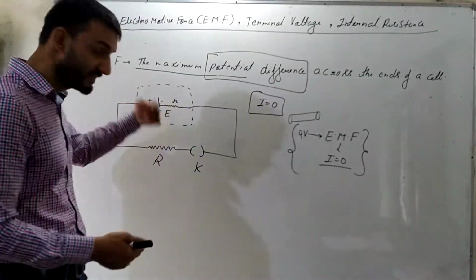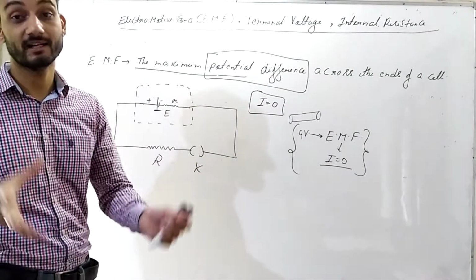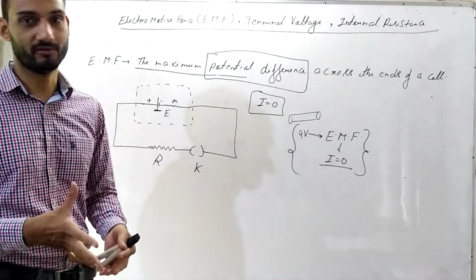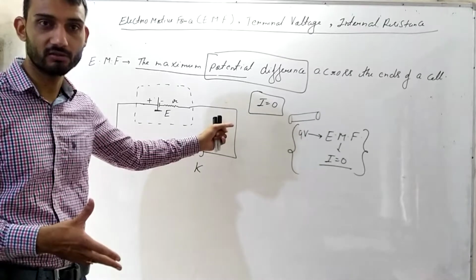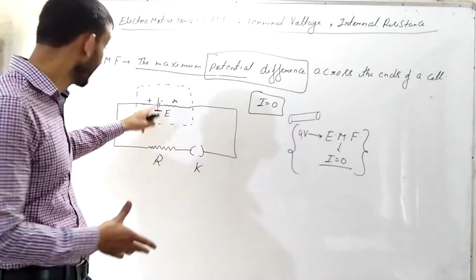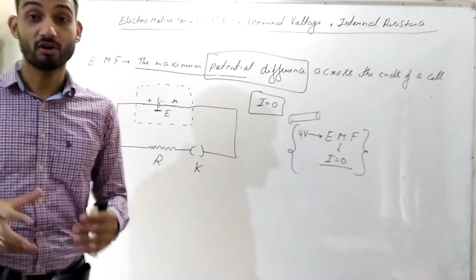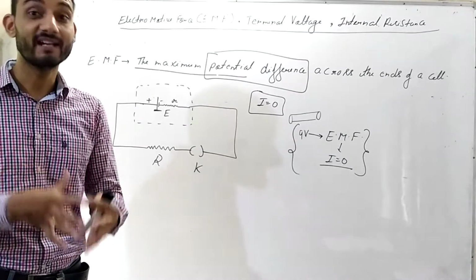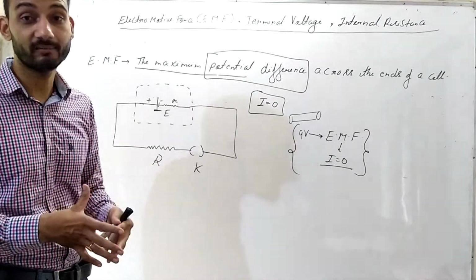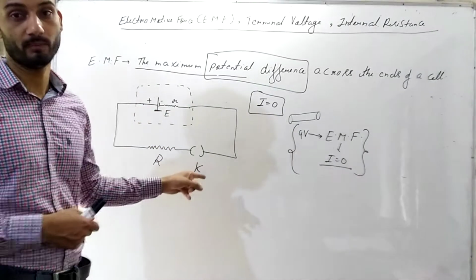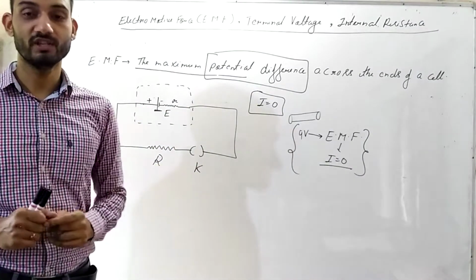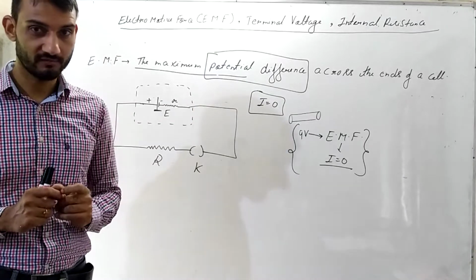Obviously there is a flow of electrons in the conductor also, but there is a flow of electrons inside the cell also. When these electrons flow inside the cell, they collide with each other, and when this collision takes place, there is a resistance inside the cell also. So collision of electrons is the cause of resistance.